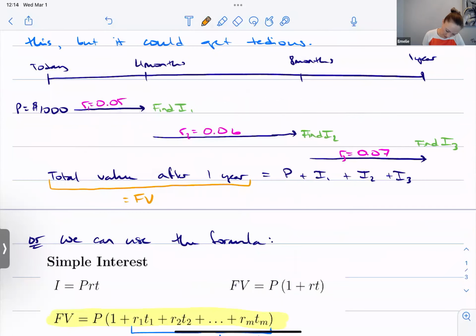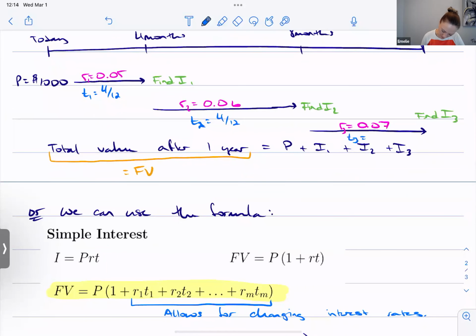Let's also add, maybe in blue, T1 is 4 months, so 4 over 12. T2 is also 4 months. My 2s look like 1s today. 4 over 12. And T3 is also 4 over 12.